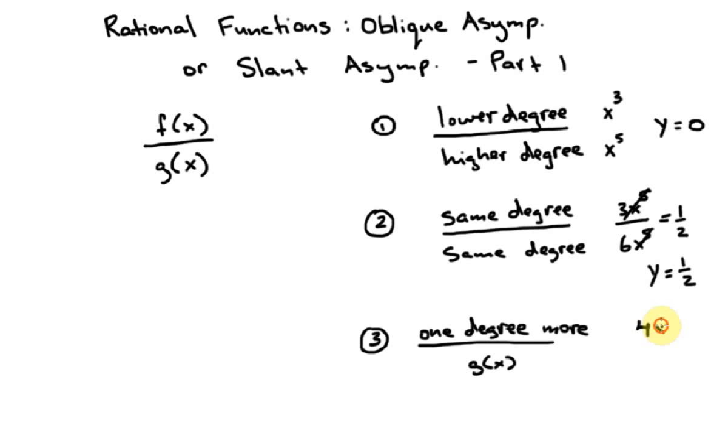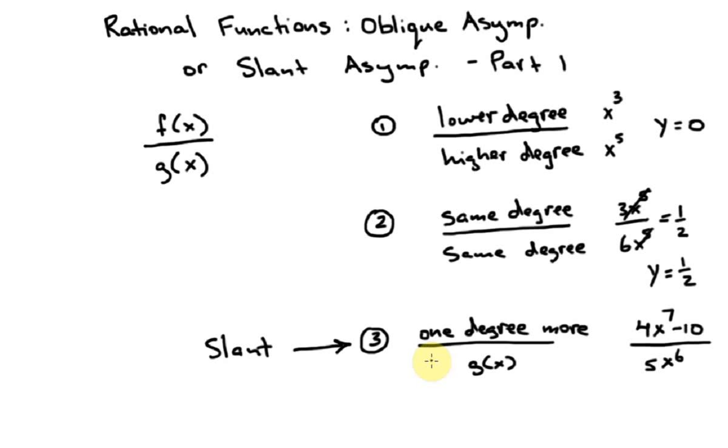Say you looked at your top, and you go, look, 4x to the 7, and then whatever else, maybe minus 10 or something. And then on the bottom we can see it's 1 degree lower. When you have that situation, this is when we have the slant asymptotes. So that's how we recognize when they happen.